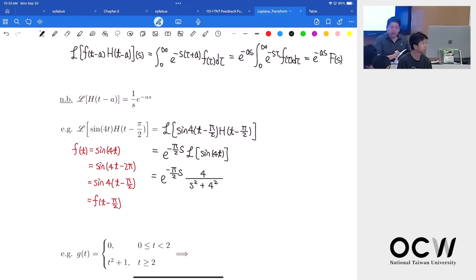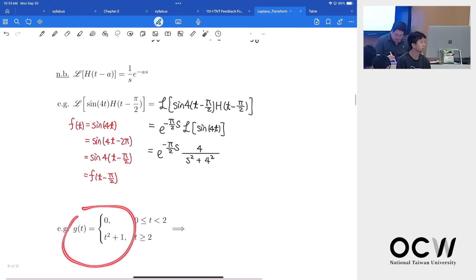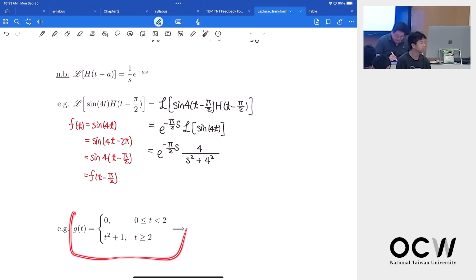All right, next example. I have a function g. Can anyone tell me, if I have this expression for g, now I want to change this expression and write the g function in terms of the Heaviside function. So if I want to rewrite the g function with the Heaviside function, how do we write it?